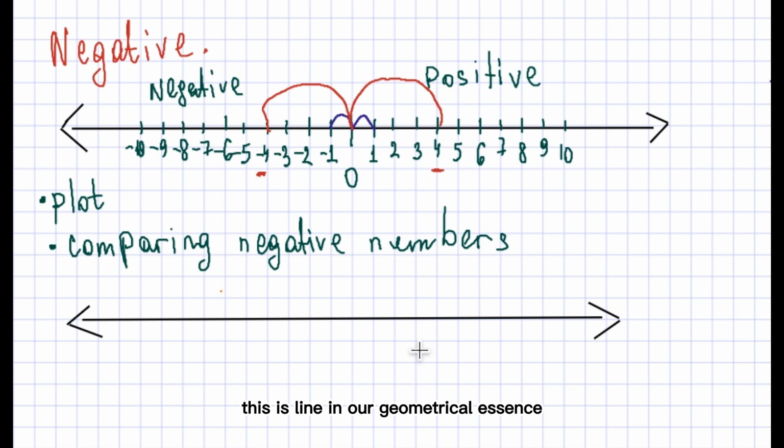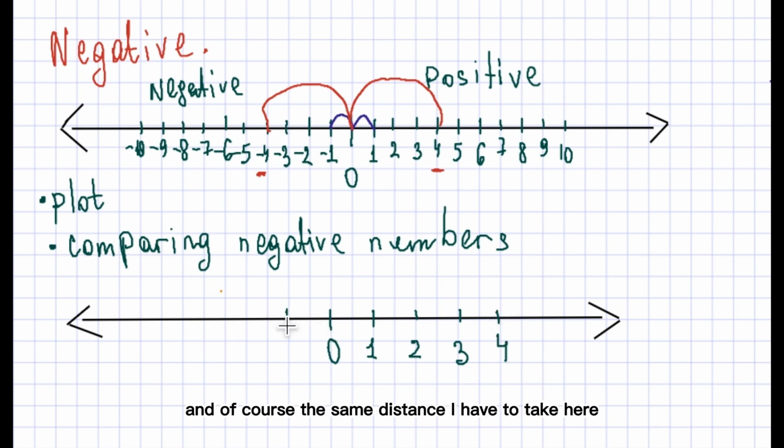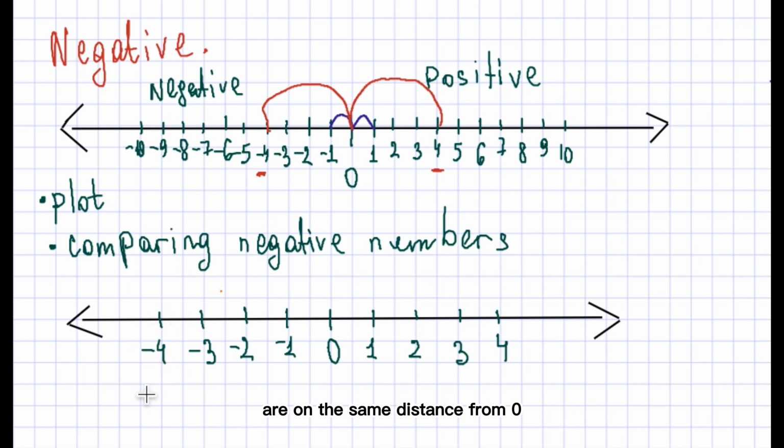In our geometry lessons, we will talk about it in more detail. So 0 is here. Now I will take two distances to put 1, 2, 3, and 4. And of course, I have to take the same distance here, as we discussed, that the corresponding numbers are at the same distance from 0.